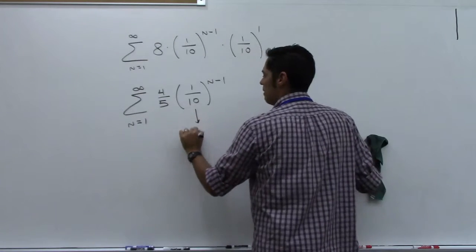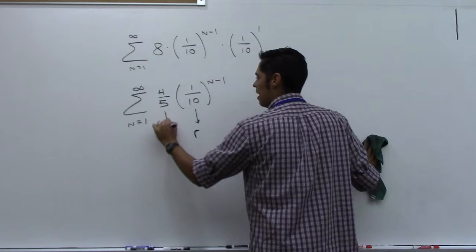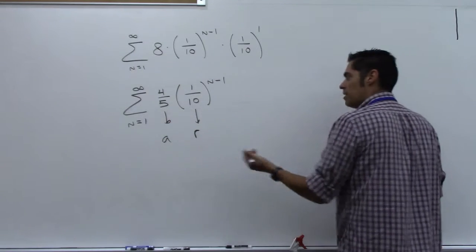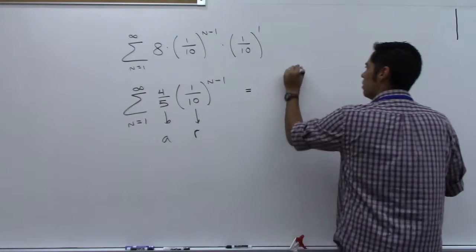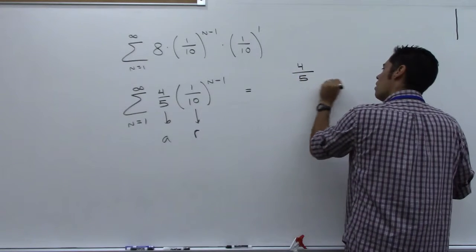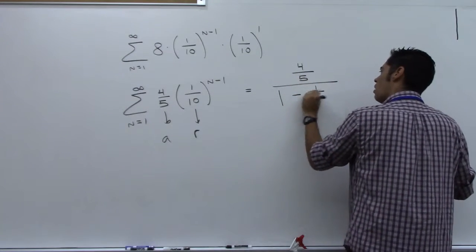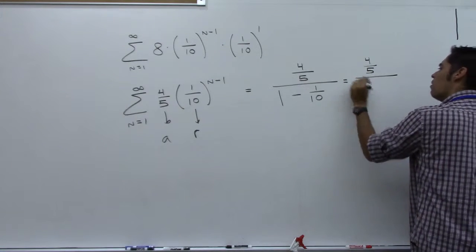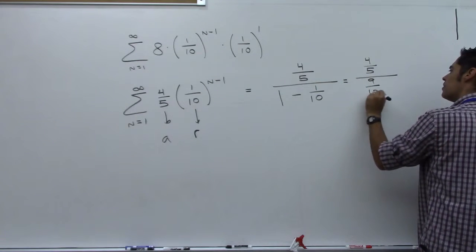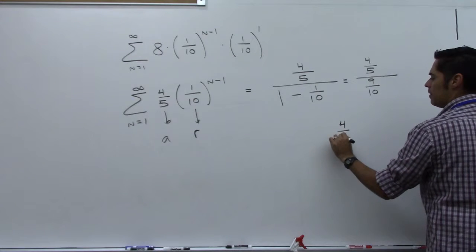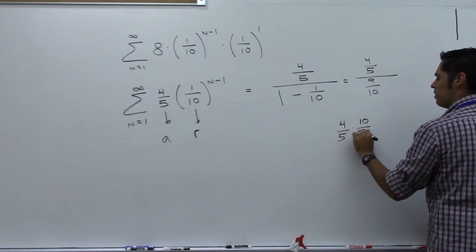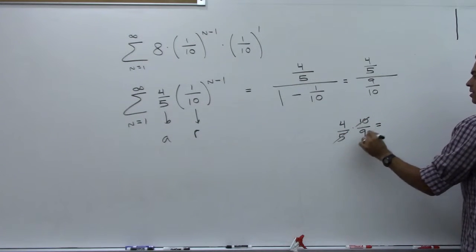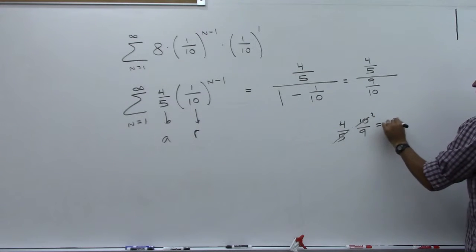This is r, this is a. The absolute value of r is less than 1, so this should converge. It'll converge to a over 1 minus r, which is 4/5 over 9/10, which is 4/5 times 10/9, which is, let's see, that's a 2 there, so that's 8/9.